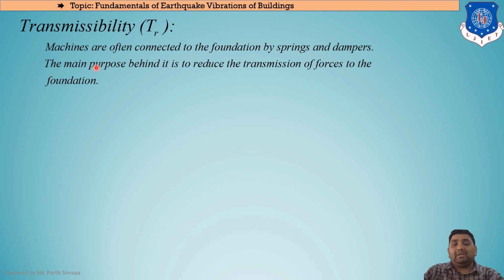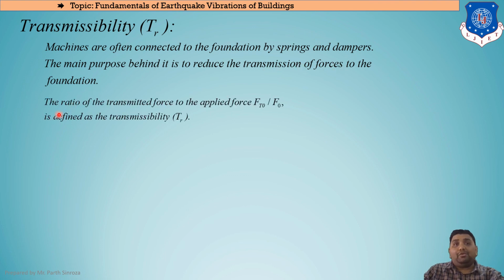The main purpose behind it is to reduce the transmission of forces to the foundation. That means it is to reduce the impact of sudden transmission. The force will ultimately be transmitted to the foundation only, but the time taken for the load to transfer from the first element to the second element can be reduced during this phenomenon.